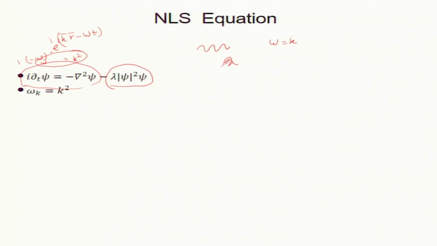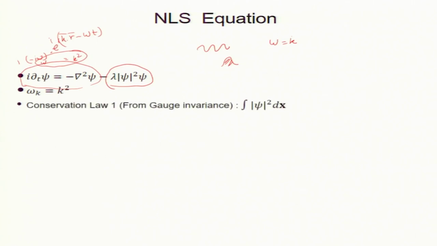You should think that each component moves with the same speed. So, this packet is non-dispersive, that means the width of the packet will not change with time. Okay. But we know in quantum mechanics the width spreads because omega is k squared. Okay. So, this is called dispersive waves, it disperses.